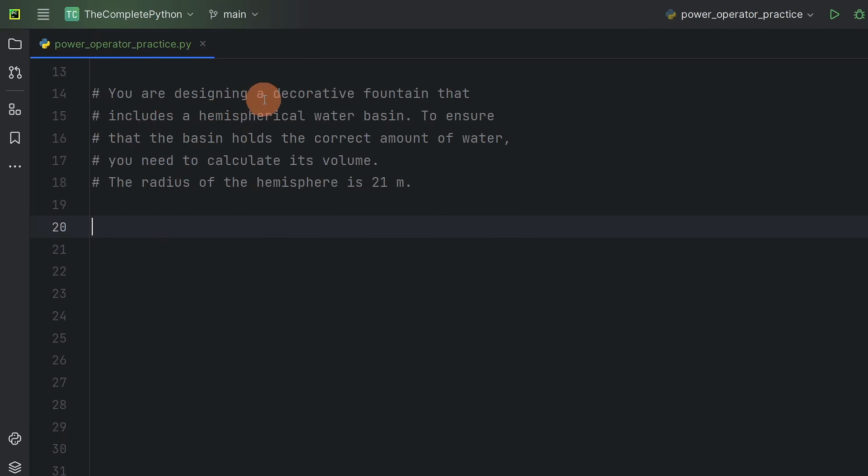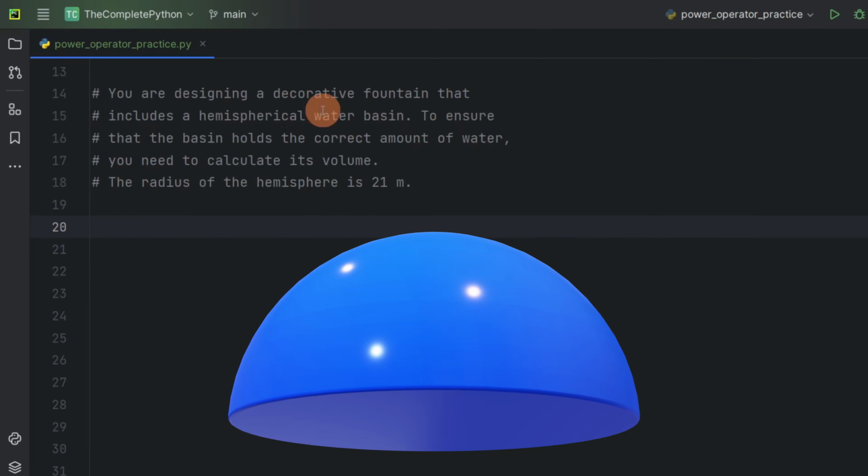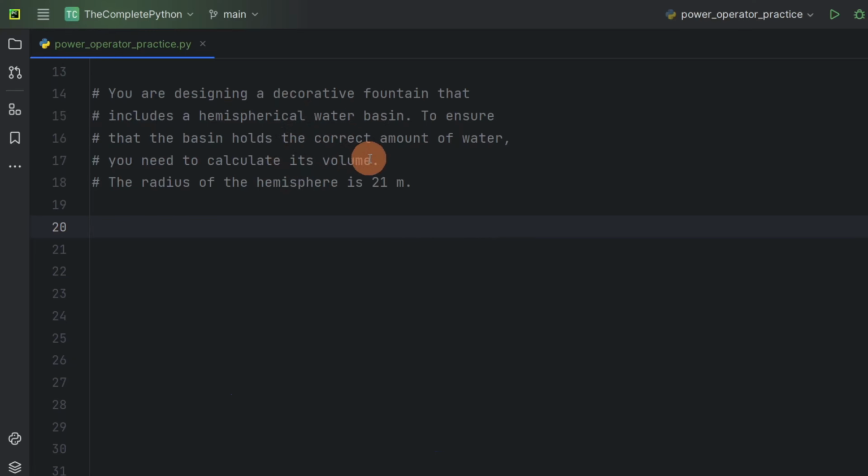You are designing a decorative fountain that includes a hemispherical water basin. To ensure that the basin holds the correct amount of water, you need to calculate its volume. The radius of the hemisphere is 21 meters. Here we are given that the shape is hemispherical and we need to calculate its volume.